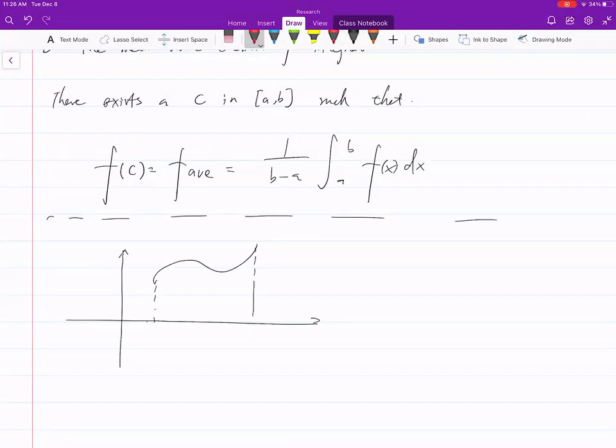If the function is like this, how do you draw the average value? Well, it's going to be below this. It's going to be above this. So somewhere in between, right?